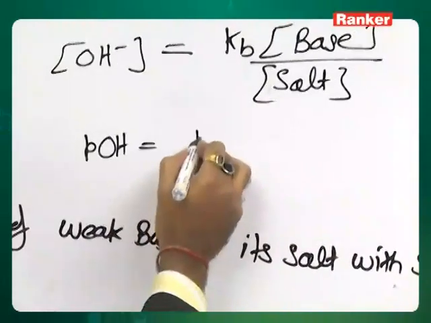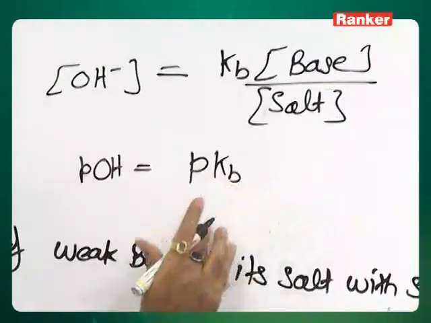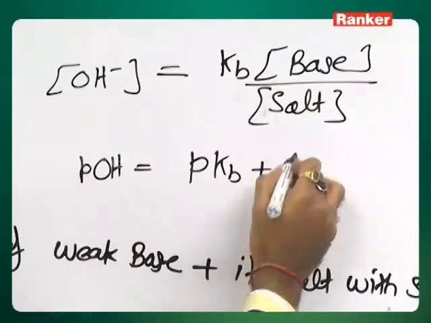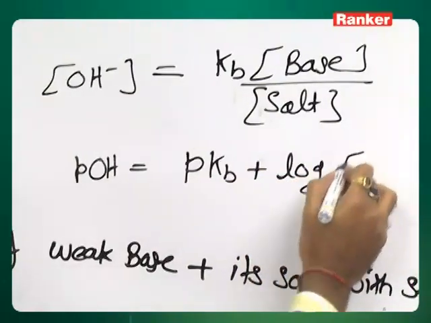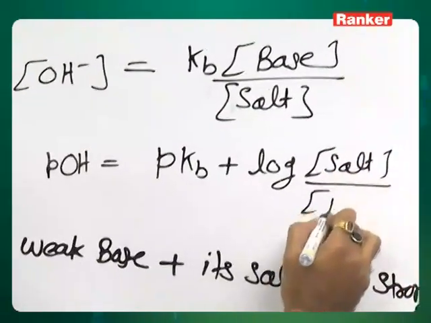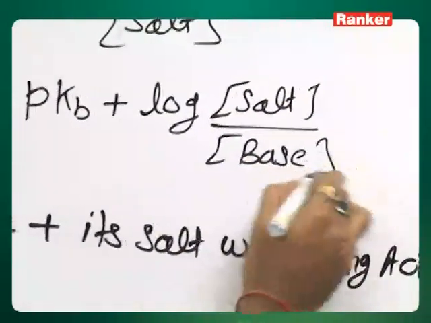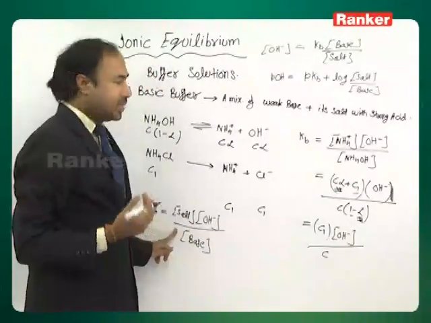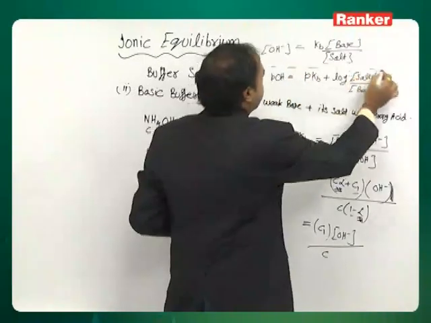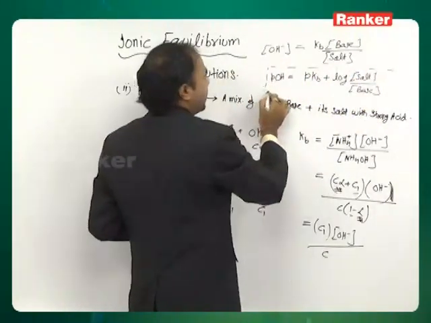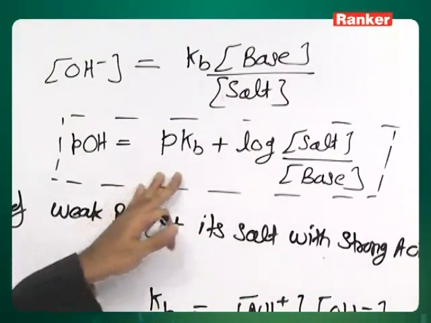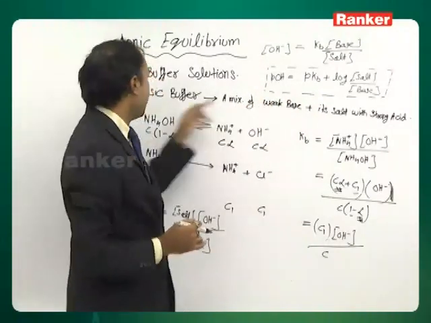Minus log of Kb will become pKb. We put here plus, so that gets exchanged. So we get plus log of concentration of salt by concentration of base. Right. Now this equation is another important equation, also called the Henderson equation, and this equation will be used for buffer solutions. What type of buffers?